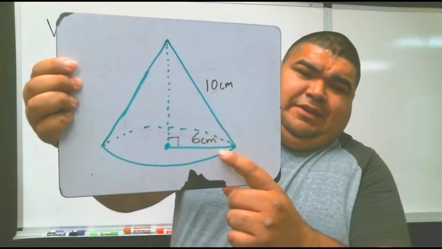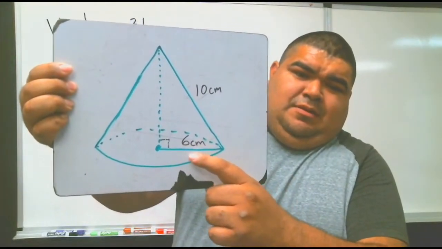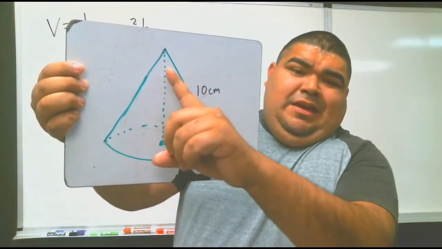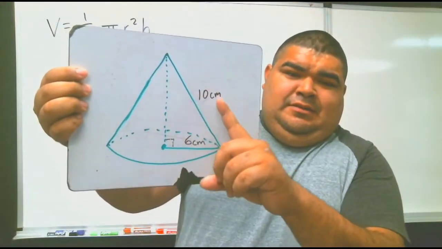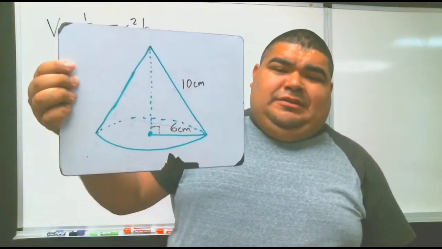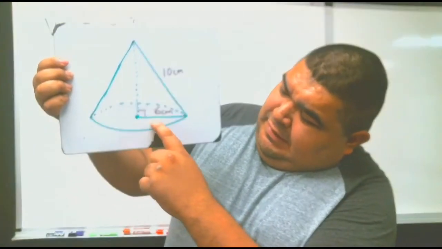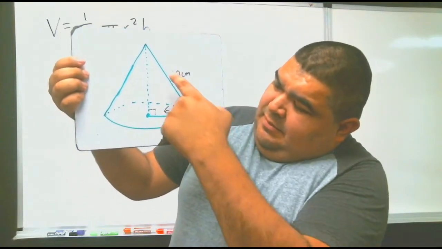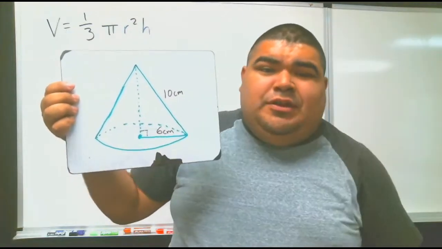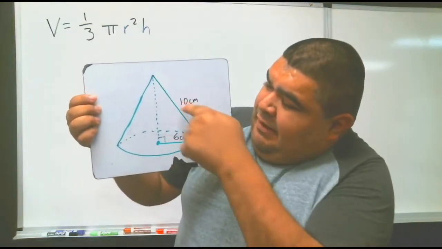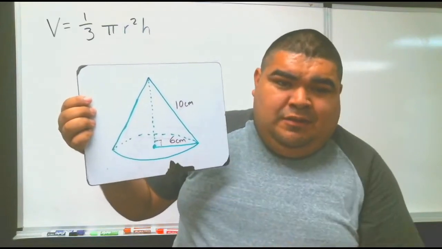Notice that we have a radius, but we do not have a height. We have a slanted height over here. The height and the slanted height make a triangle, so we're gonna use the Pythagorean theorem to find the height, since we have the hypotenuse and one of the legs.